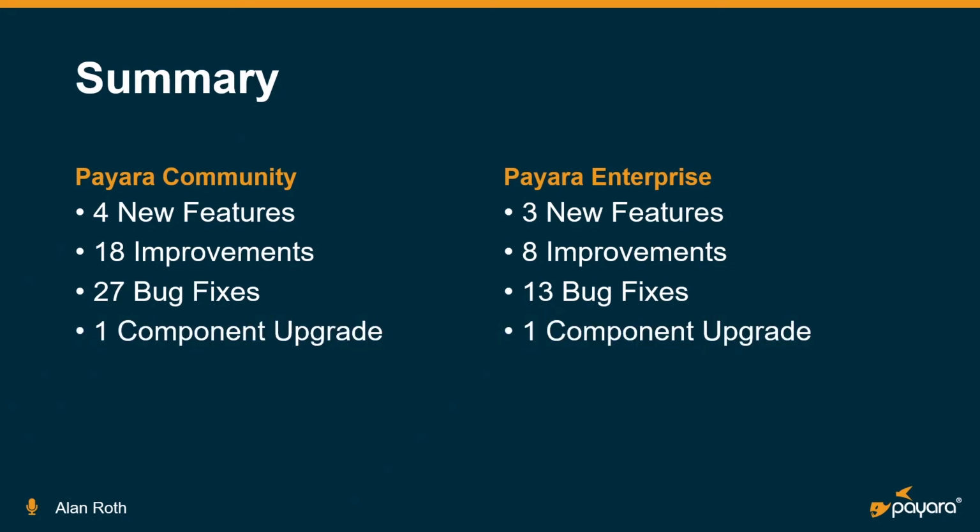Both have received one component upgrade, upgrading EclipseLink to version 2.7.7. Community has also received a security fix, which is to upgrade Nimbus JOSE+JWT to version 8.20. Both Payara Community and Payara Enterprise have access to the new IDE plugins.